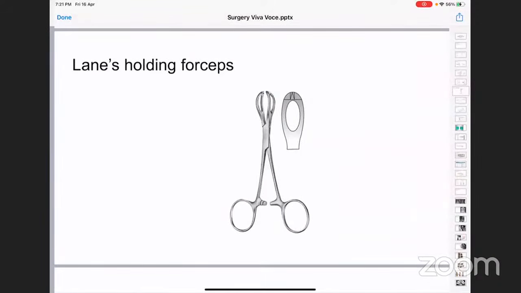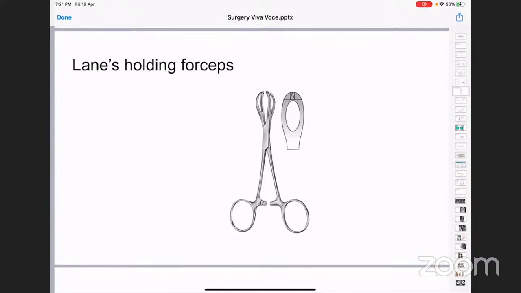Then we have something known as Lane's tissue holding forceps or gland holding forceps. So here, this is again a similar instrument with rings for the handle and the ratchet and a box joint with short, stout, curved tips with oval fenestrations and a toothed tip.